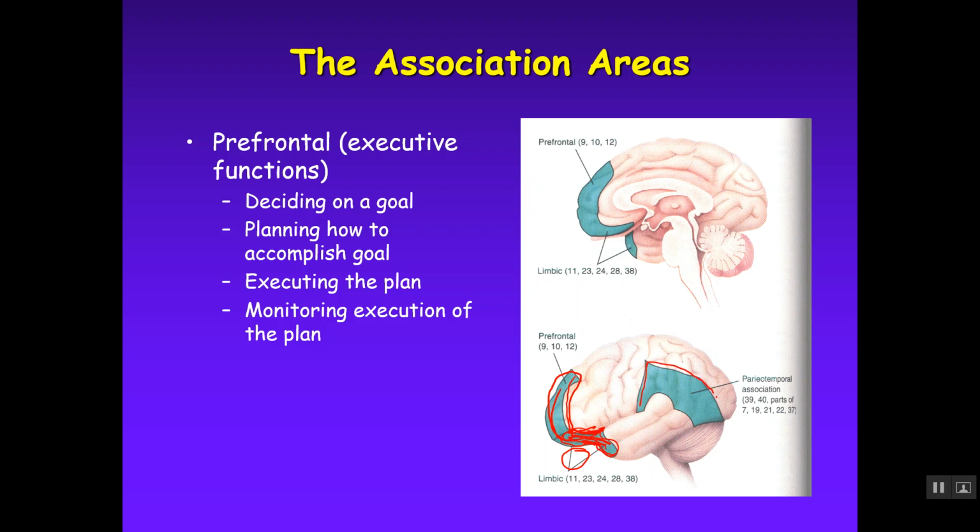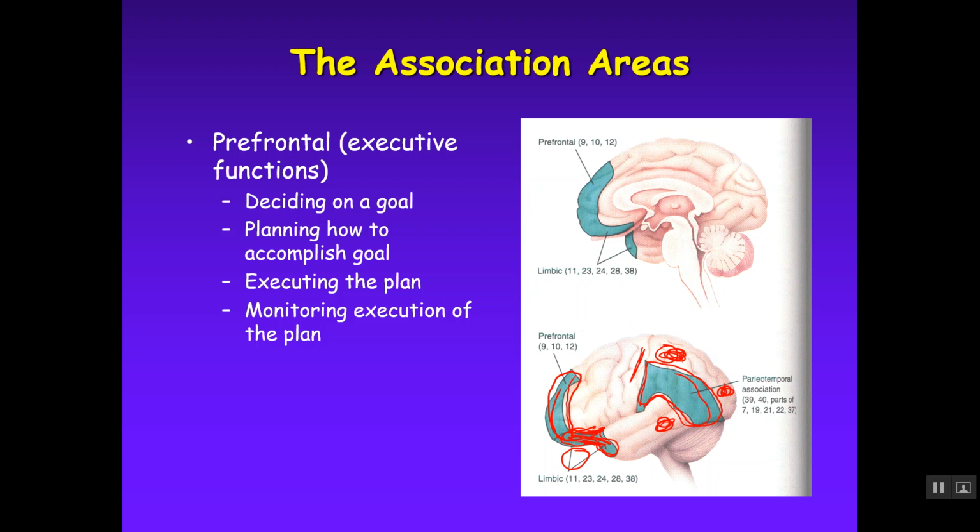You know, this huge area here is just tying in somatosensory, these association areas, visual information, memory and temporal areas, so you can do integration there. And it helps you for deciding on a goal, planning how to accomplish that goal, executing the plan.